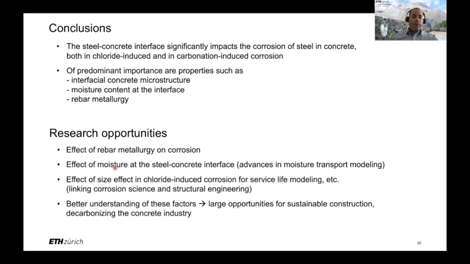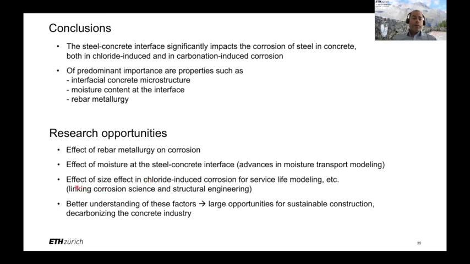Secondly, the effect of moisture at the steel-concrete interface is not yet well understood, and in particular, we should take advantage of progress that was made in modeling the moisture transport through the concrete cover and couple that to the corrosion processes at the steel surface. I mentioned that there is a size effect in chloride-induced corrosion, and of course, for service life modeling, it is crucial to know which size to take, because the size that you take into consideration significantly impacts the chloride threshold value.